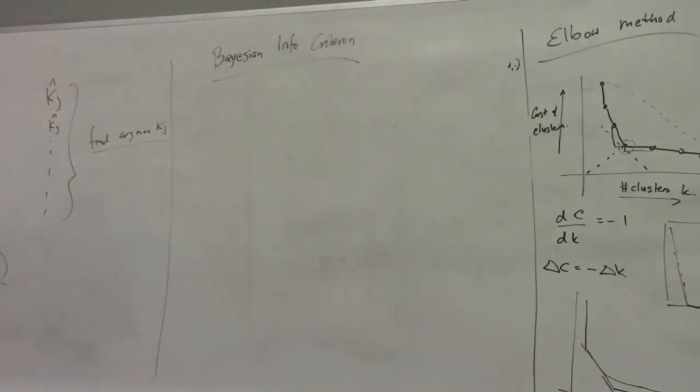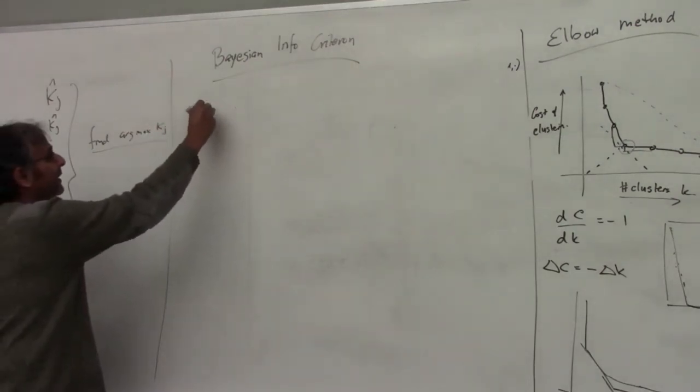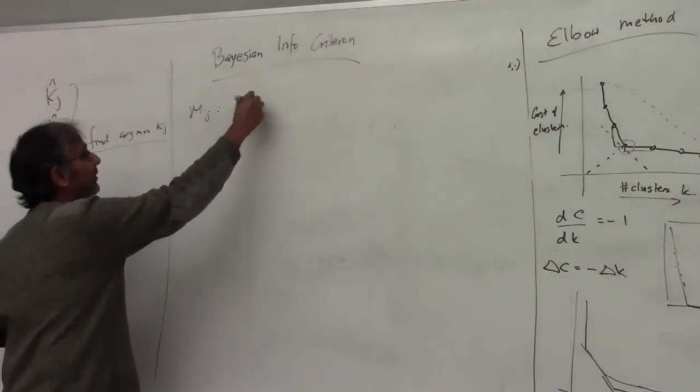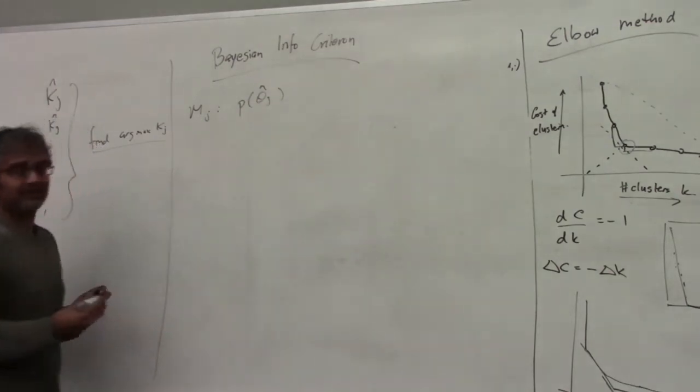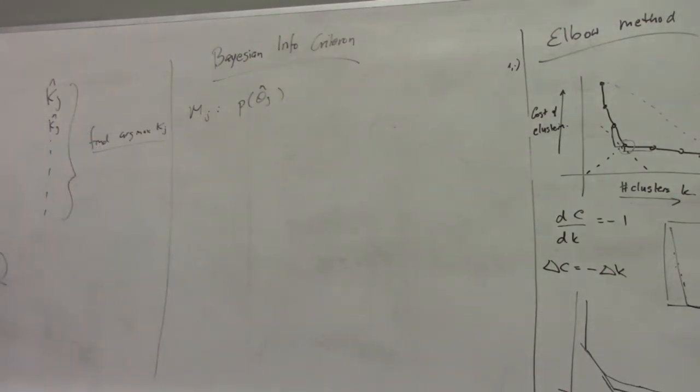And not surprisingly, since it's a Bayesian information criterion, the idea is that rather than saying each model is described by a collection of parameters and I don't know anything about them, you of course have a distribution. You will put a prior distribution on the parameters of a model. So each model Mj, you have some kind of distribution on the theta j. There is some kind of prior belief that this is the right model.